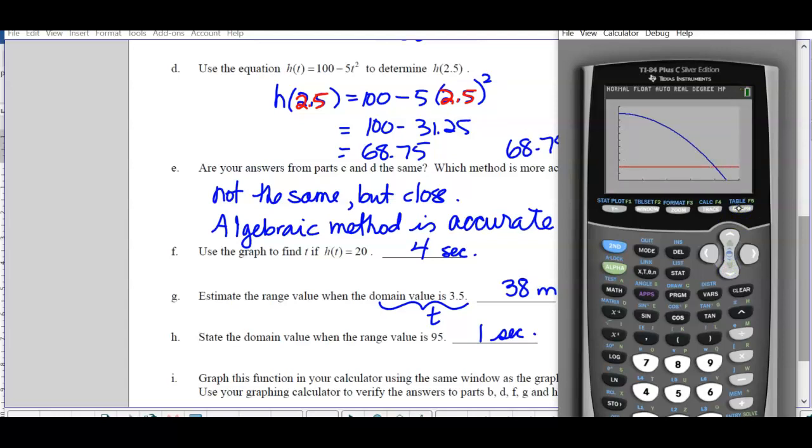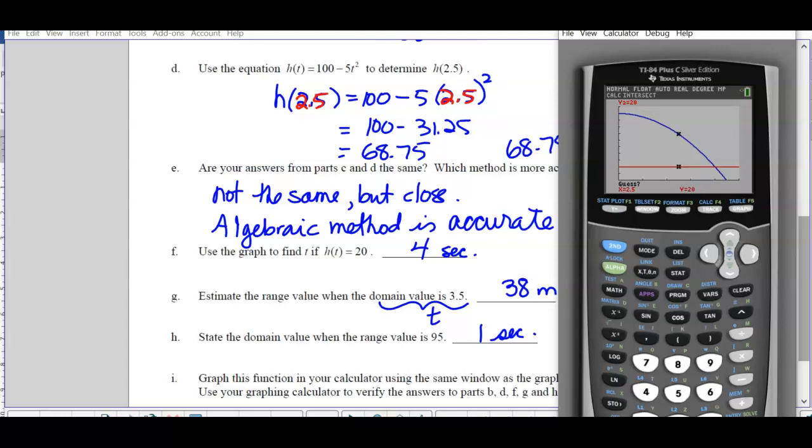And you really want to find that point where Y is 20, so that's where the red line here intersects with the blue line. So we have to go second, trace, and then intersect. Okay, and then it just asks you, are you on your first curve? Just enter on that. Second curve, enter on that.